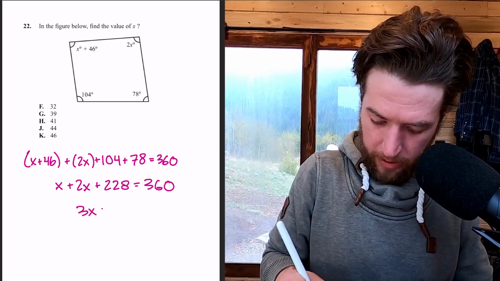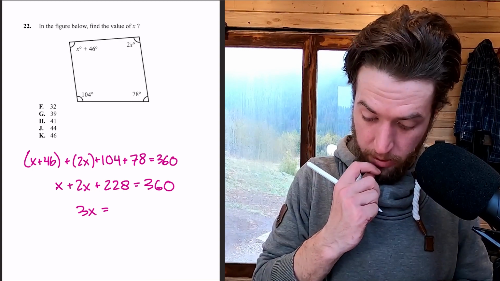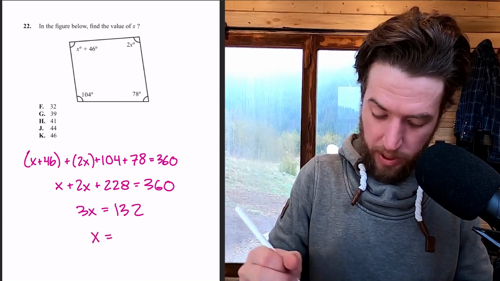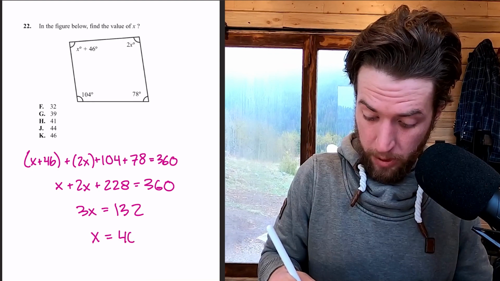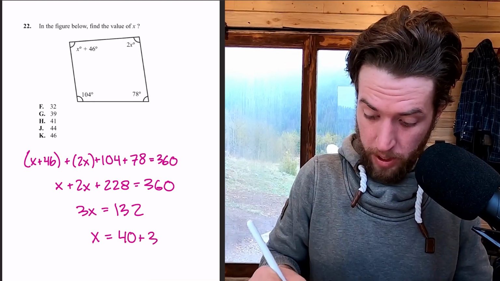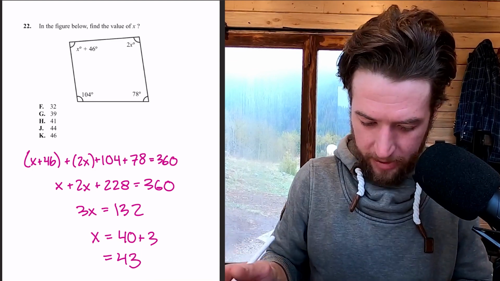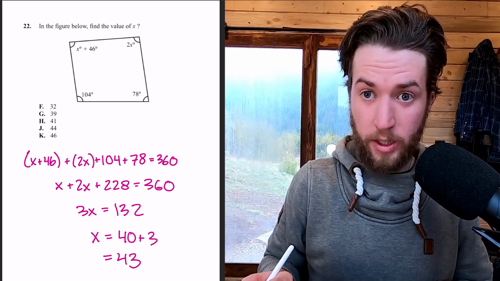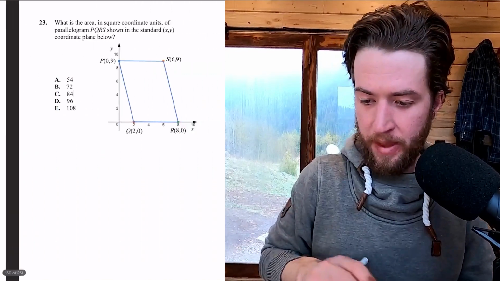So 3x equals, oh gosh, what is that? 132. So then x should be 44. I got 43 at first, but it's not an answer. I did a little mental math wrong. You can check me on that.